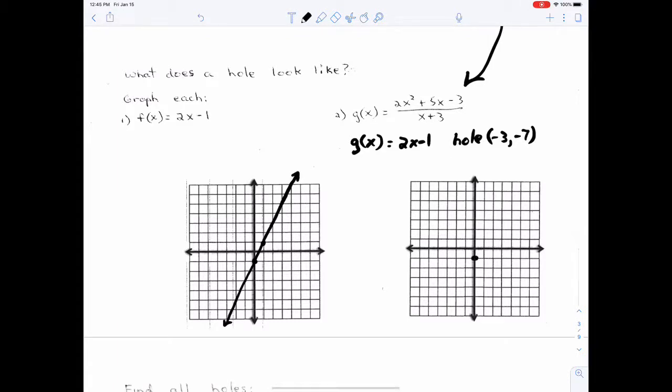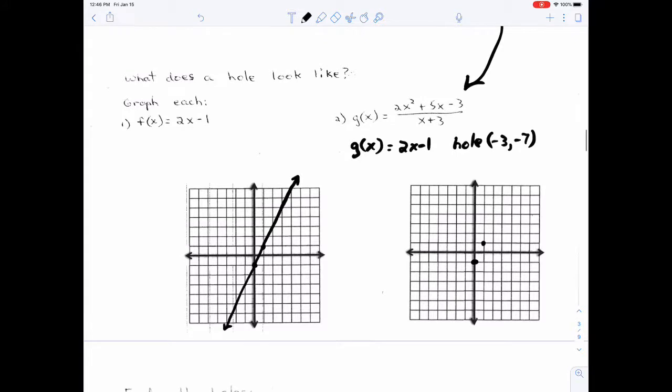You go down 1, you go up 2 and over 1, but I'm going to put the hole in, and the hole's at -3, down 7, right there. So we draw the graph, only it's got a hole, it's got a missing point.